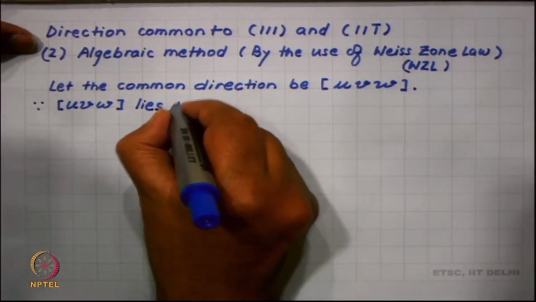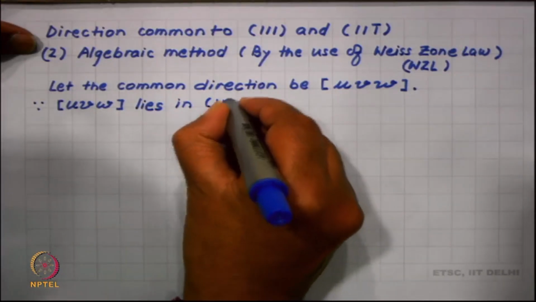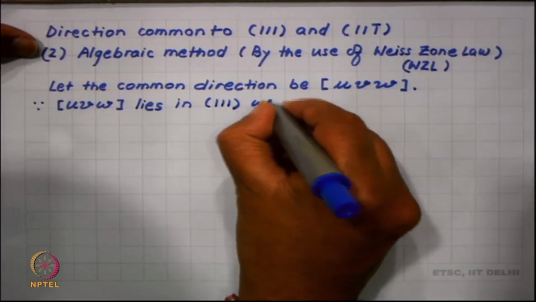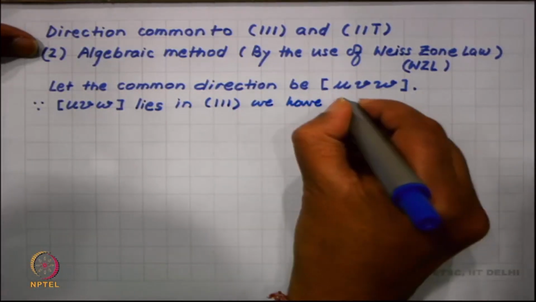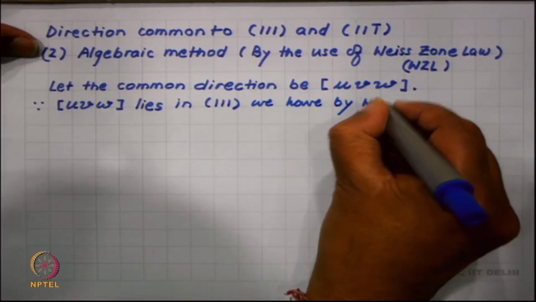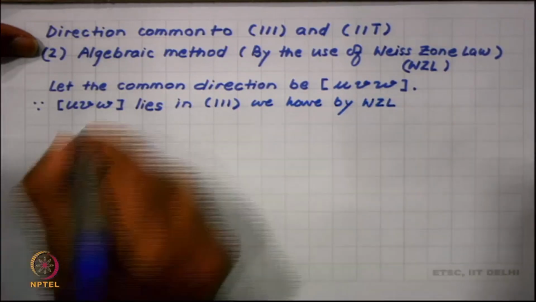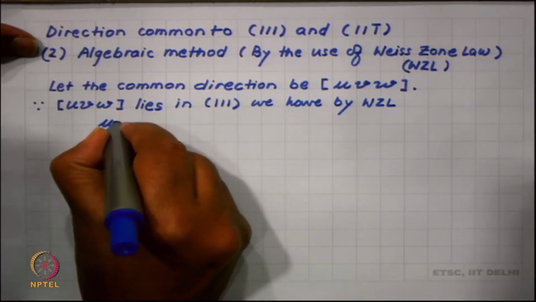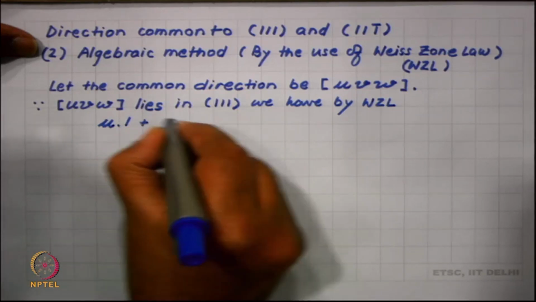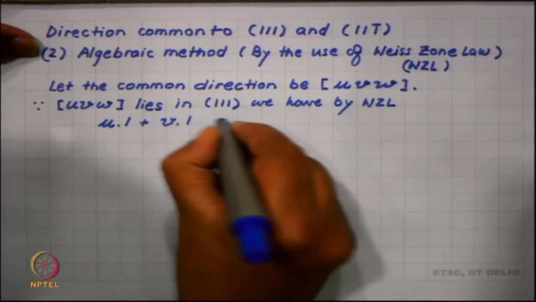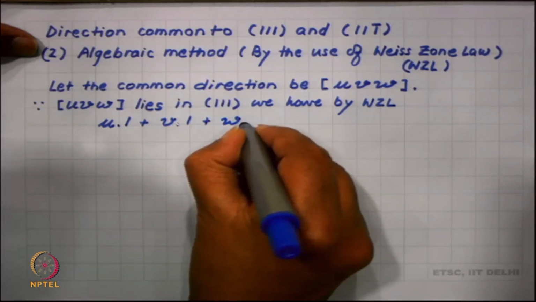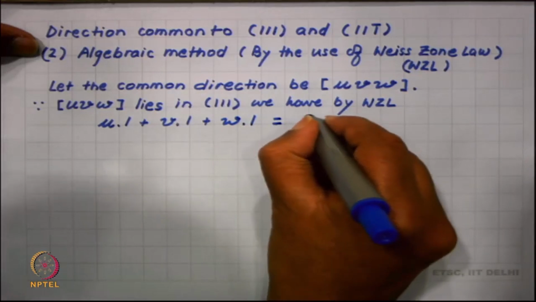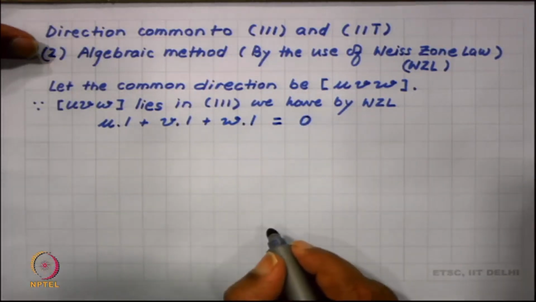So, since UVW lies in 111, by the application of Weiss Zone law, we have U into 1 plus V into 1 plus W into 1 is equal to 0.